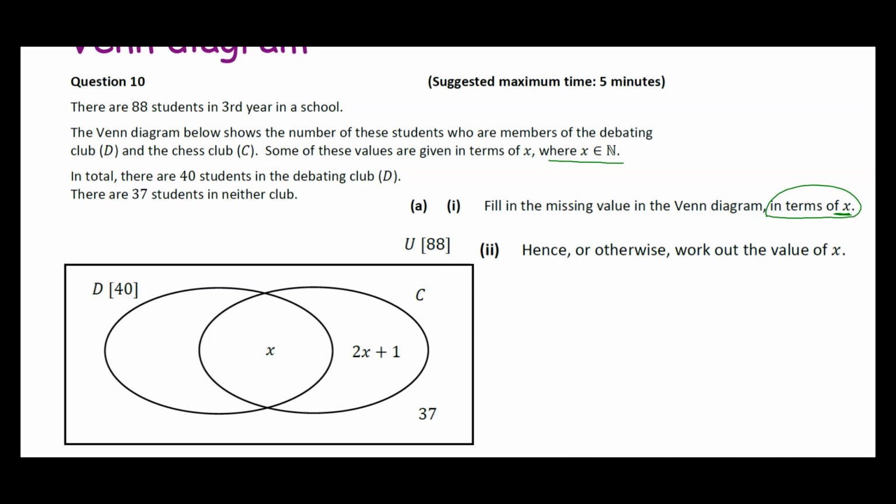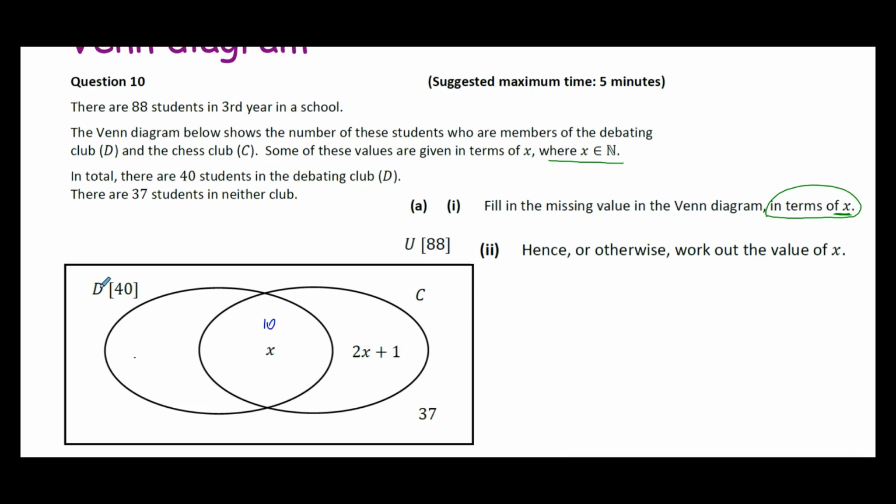So the only part that isn't filled is this part. Now, we know that all of D is 40. So this part is students that are in the debating club and in the chess club. Let's say, for example, that this part is 10.